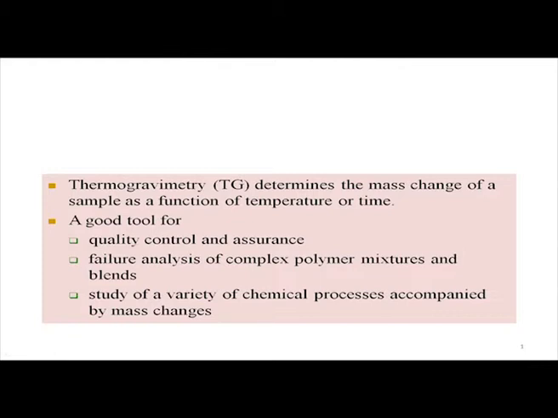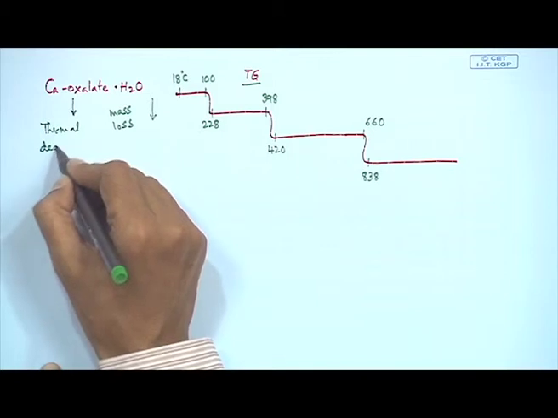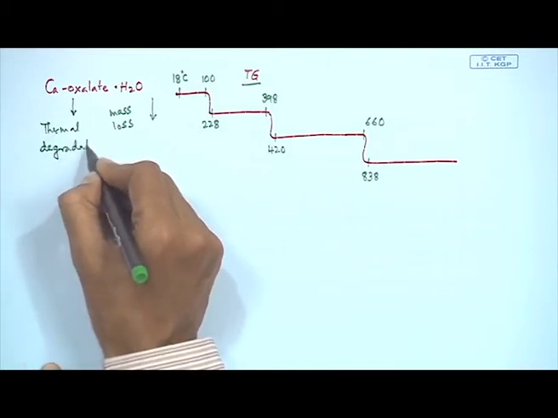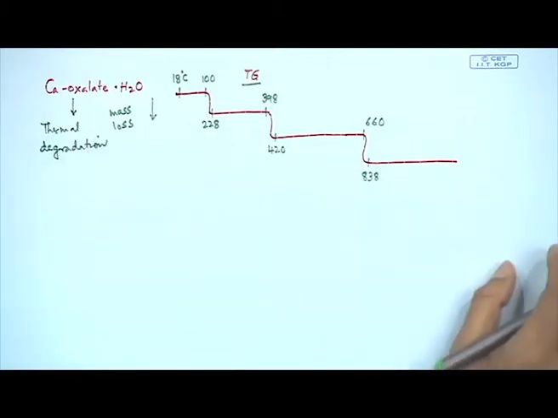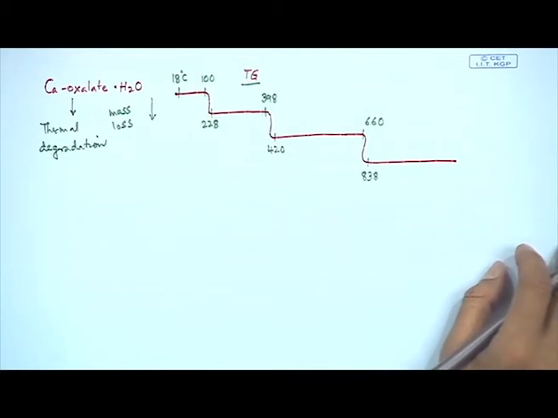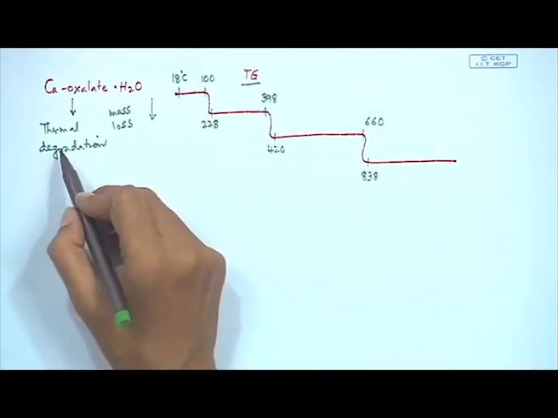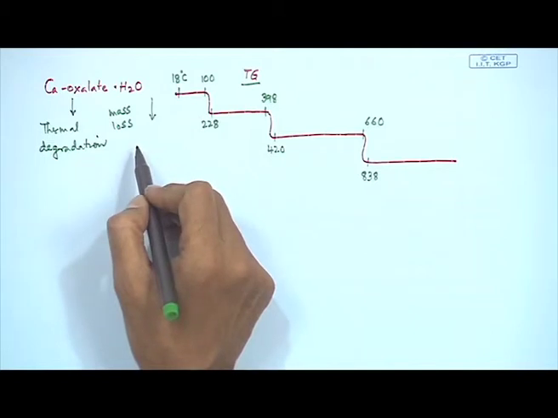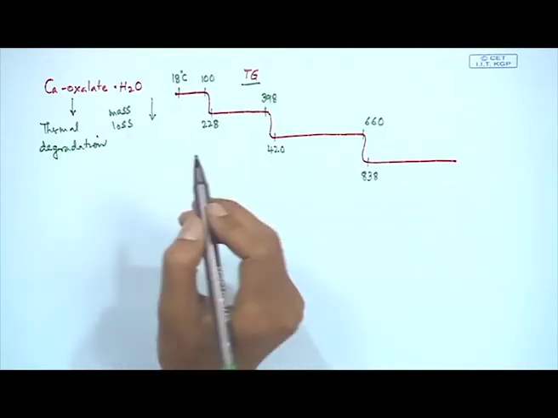We have taken this particular example, calcium oxalate, where we have seen a chemical process, that means the thermal degradation, which we can consider as a typical chemical process. So, this thermal degradation will accompany some mass change also.